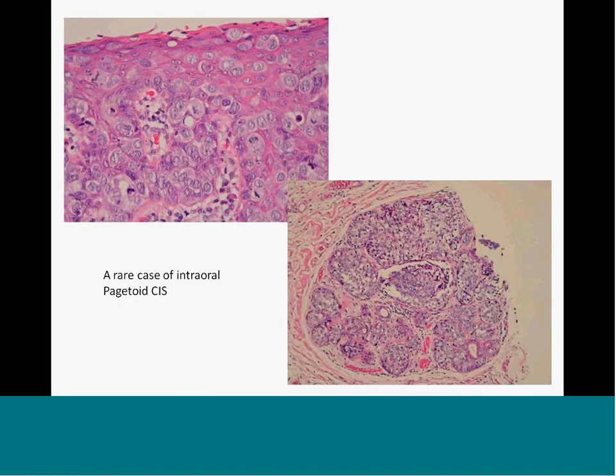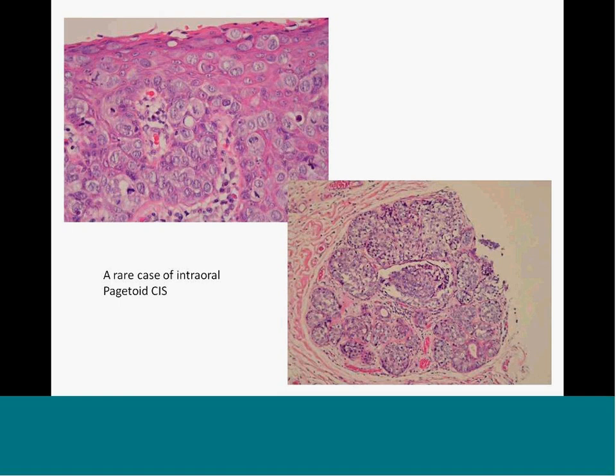You do get funny things in the oral cavity. These are some photomicrographs of a rare case of pagetoid carcinoma in situ of the oral cavity. This patient was a woman in her mid-40s who smoked and drank very heavily.